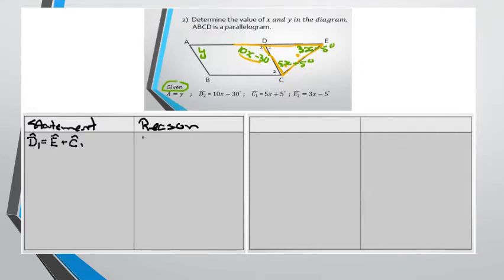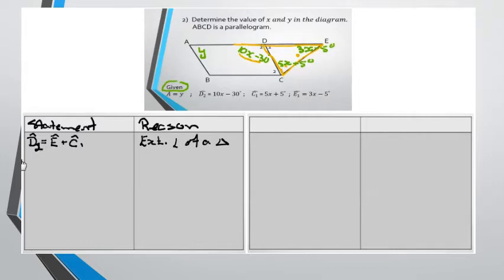And again, my reason is exterior angle of a triangle. Exterior angle of a triangle. And now I'm going to substitute my information into that statement I have made. It's not D1, but it is D2. Let me just correct that quickly.